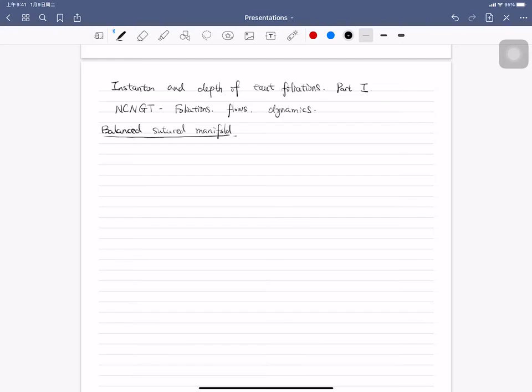Roughly speaking, it's a three manifold with boundary and with a special set of closed oriented curves on the boundary called the suture. This is due to Gabay.